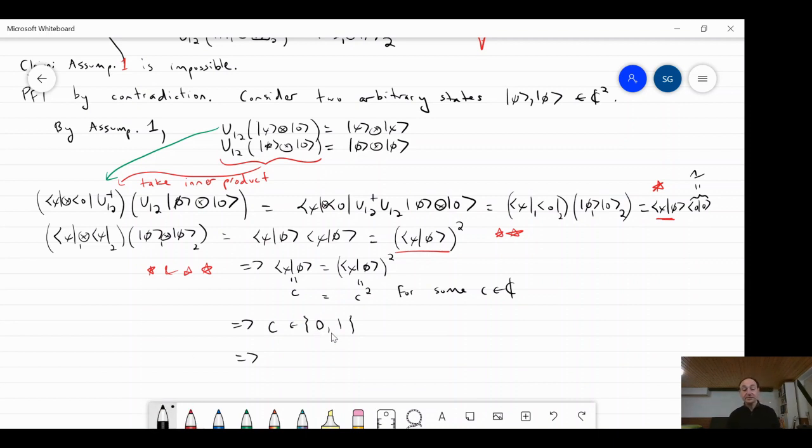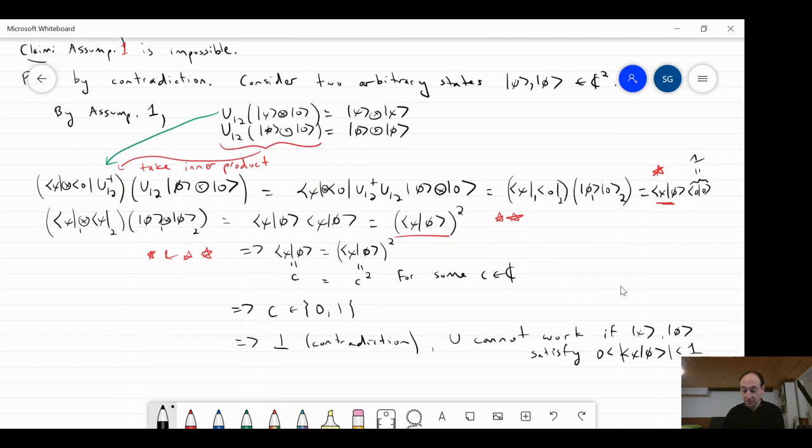So this implies a contradiction. Whenever you do this, we have a contradiction. So U cannot work if psi and phi satisfy that the absolute value of the inner product is between 0 and 1.